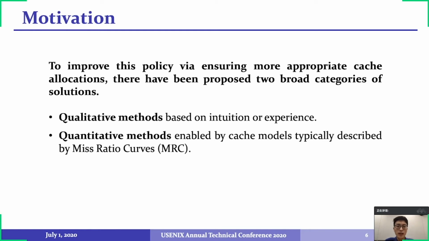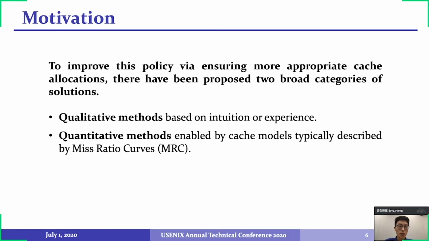The other one is model-based policies, which are quantitative methods enabled by caching models, typically described by miss ratio curves. The biggest challenge with quantitative methods is constructing accurate miss ratio curves at acceptable computation and space complexity.